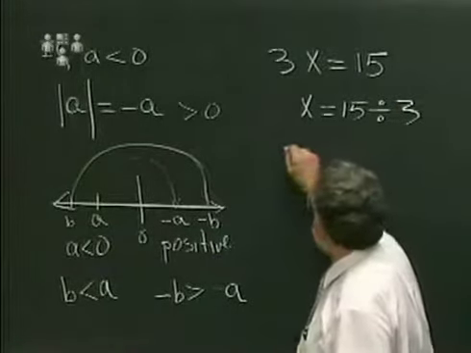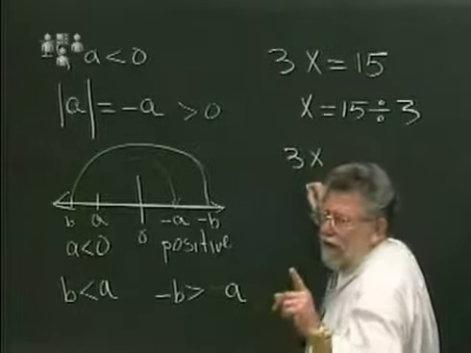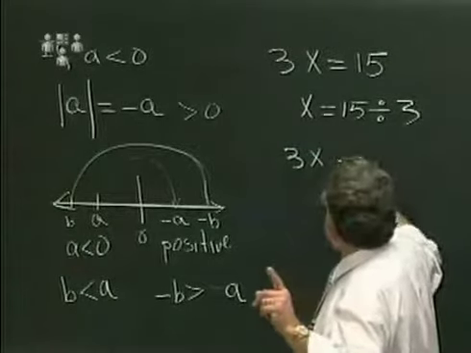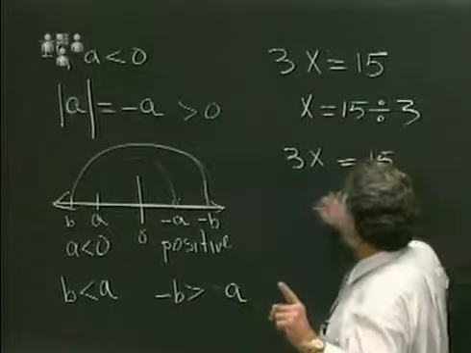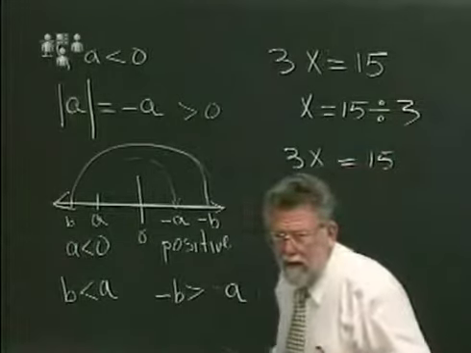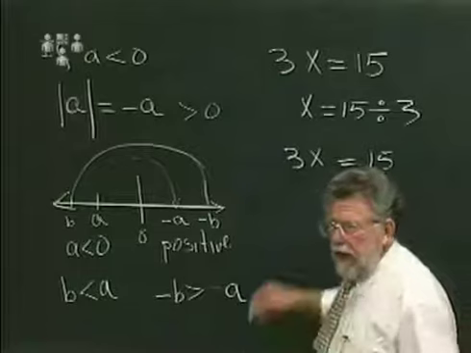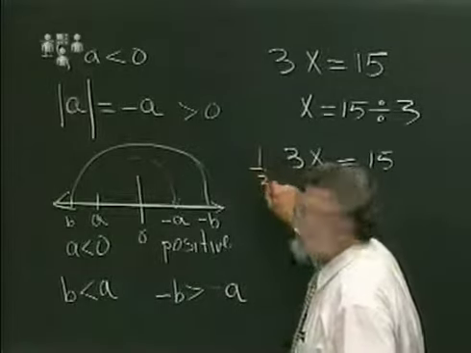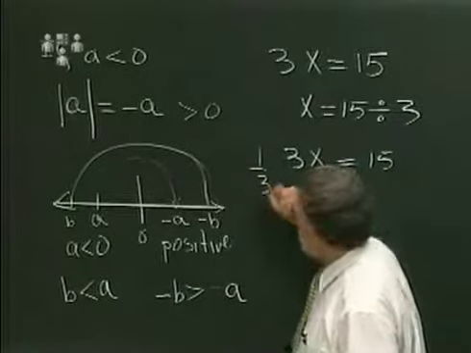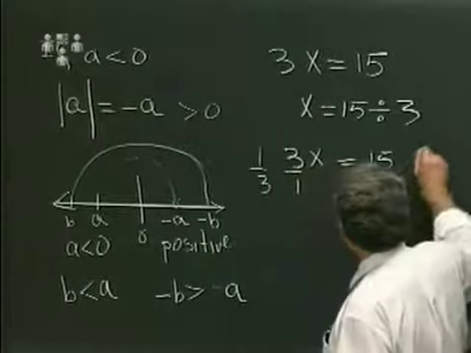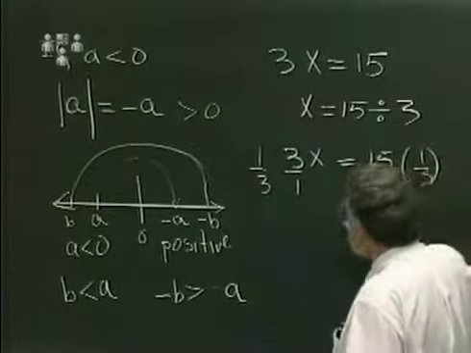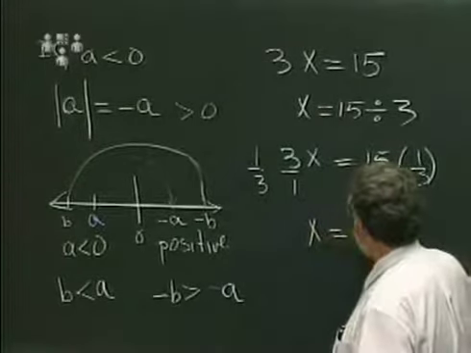What did we do? Multiply. Remember what Richie said? The ghost of Richie? Yes, the reciprocal. I multiply by the reciprocal of 3 on both sides. So that's what gave me x is equal to 5.